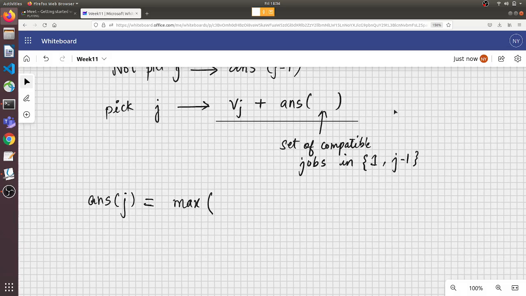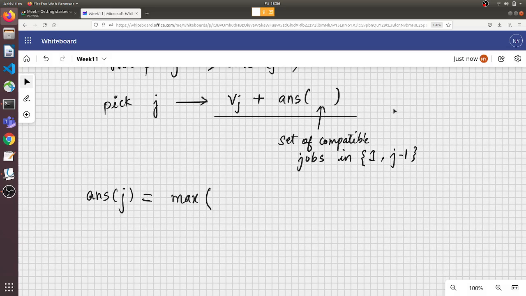So answer of j is equal to max of answer of j minus 1, and vj plus answer of cj, the jobs which are compatible with j.